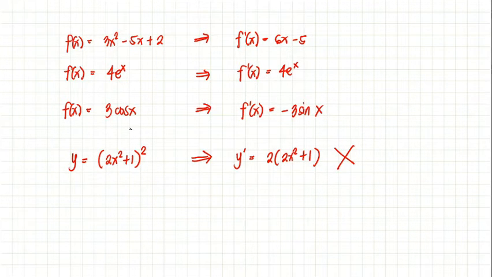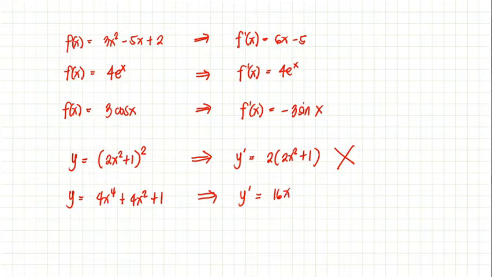Because if we will try to expand this one, so expanding 2x squared plus 1 quantity raised to 2, you will have y equal to, that will become 4x raised to 4 plus 4x squared plus 1, right? Now, if we are going to differentiate this one, y prime is equal to 16x cubed plus, we have 8x plus 0.